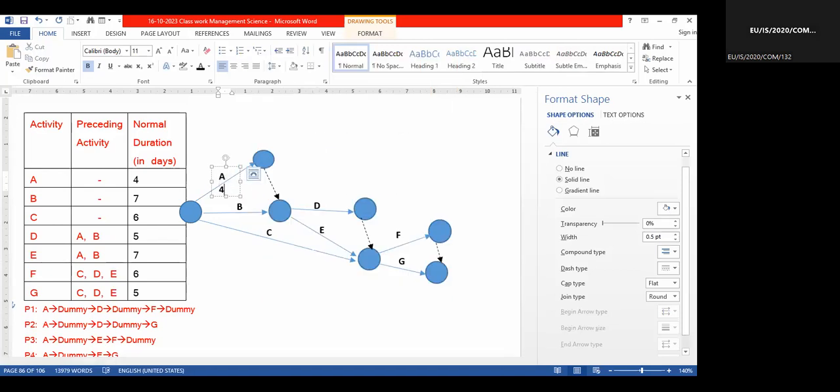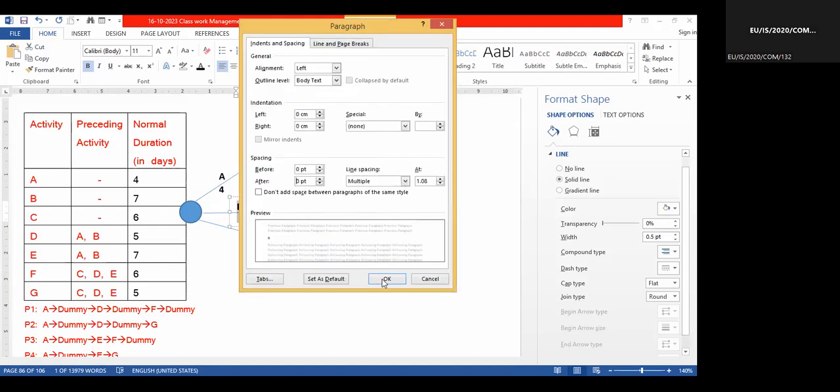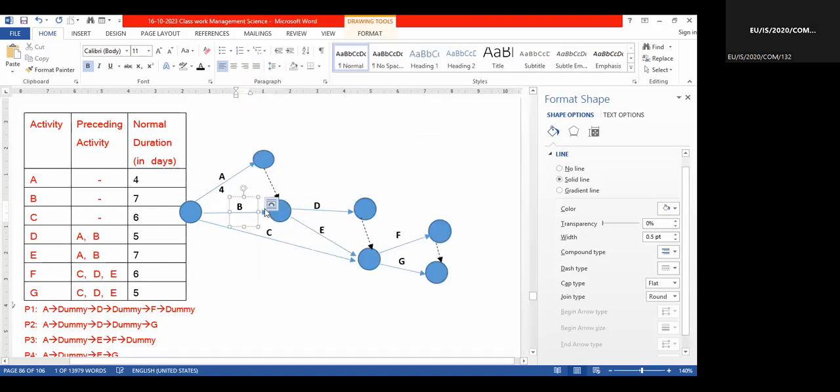Okay. Can you see I have put 4 days under A? Yes, sir. Right. B, how many days? 7 days. B, 7 days. Check carefully whether I am putting the correct time. Huh?